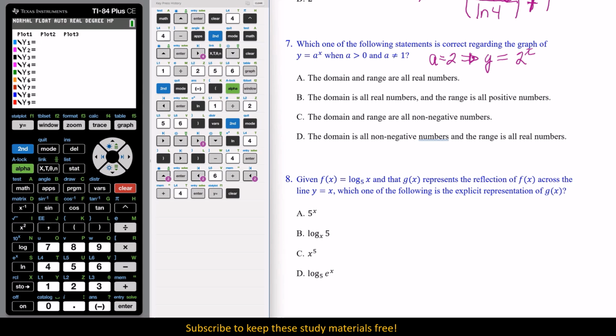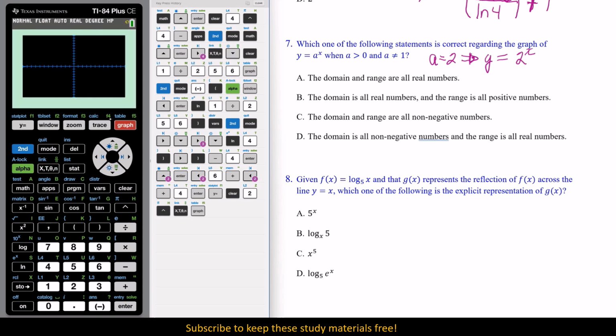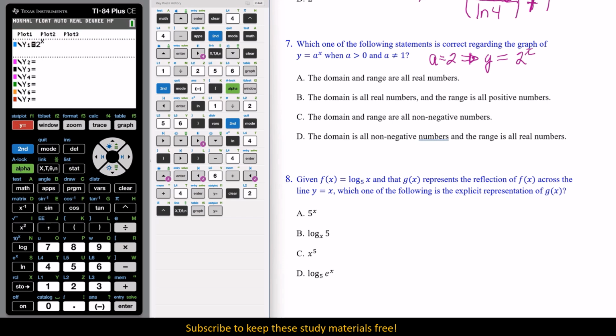We could turn off others, but we're not going to. So we have 2, carry it up, put in your x, and push graph. And there we go. I need to change the color of my graph because my axes are blue. So let's make it a nice yellow or something. Let's push enter. And there we go. I just arrowed once to the right.